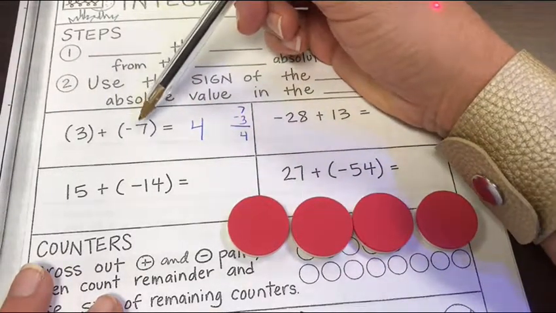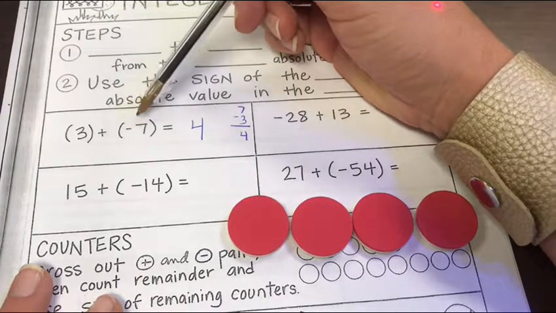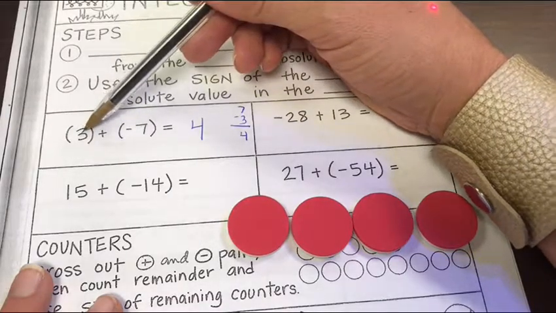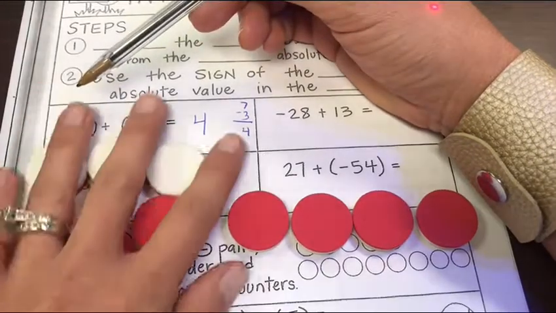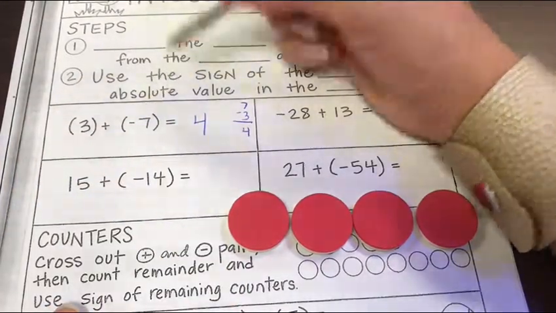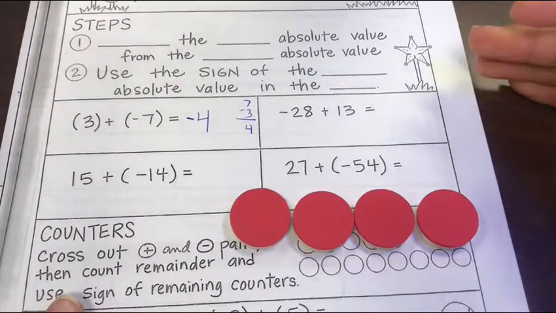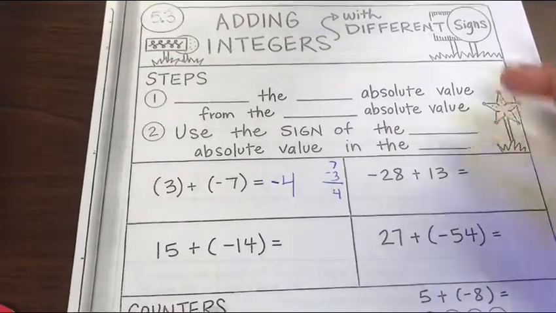And we have to look at the one with the greater absolute value, the one with the most counters. Since there were 7 negative and only 3 positive, we took away 3 zero pairs, and we were left with negative 4. So we were left with 4 negative counters.